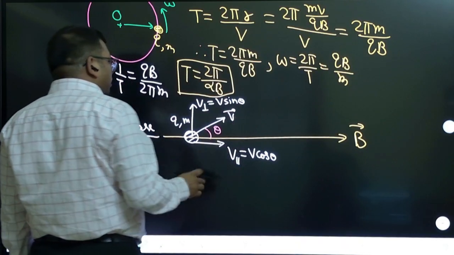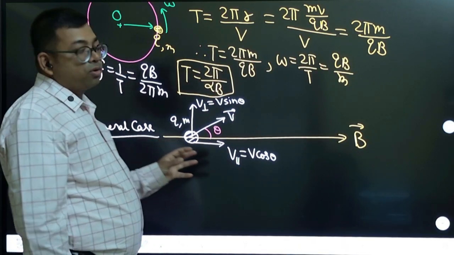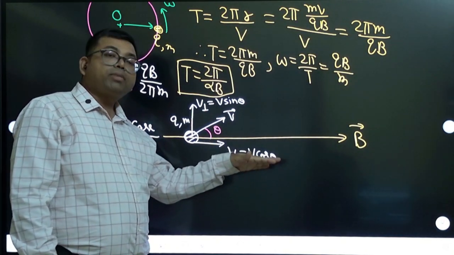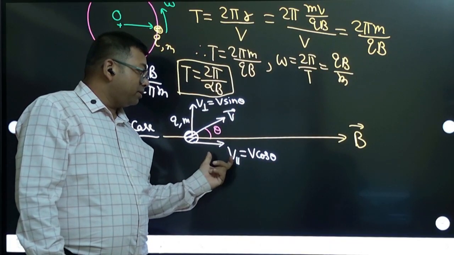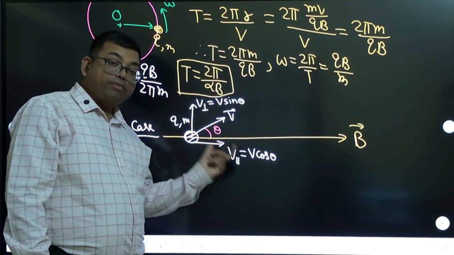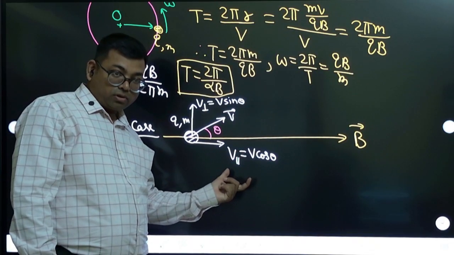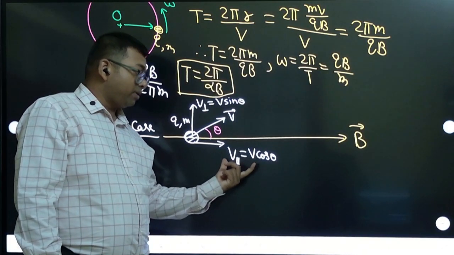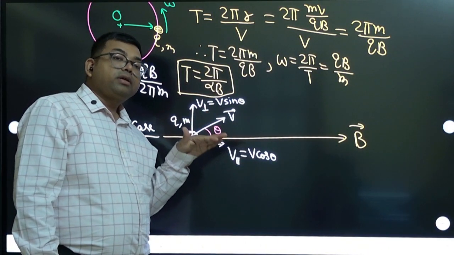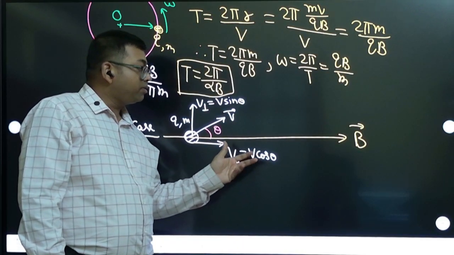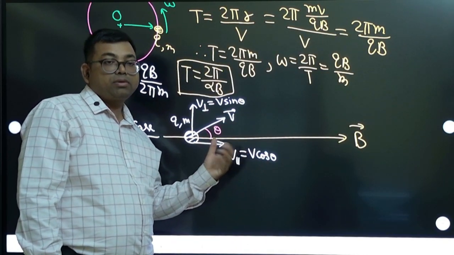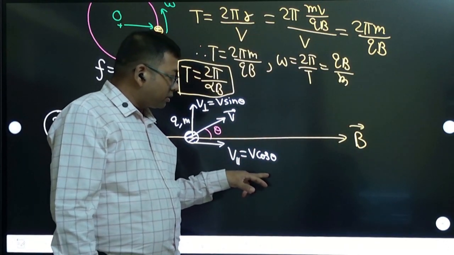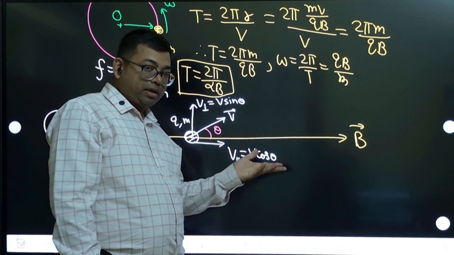So now we can easily study this type of motion, because V parallel means it is parallel to magnetic field. So this velocity will not get affected due to magnetic force. We have seen in the previous case, if velocity is parallel to magnetic field, that velocity will not change, it will continue in a straight line.